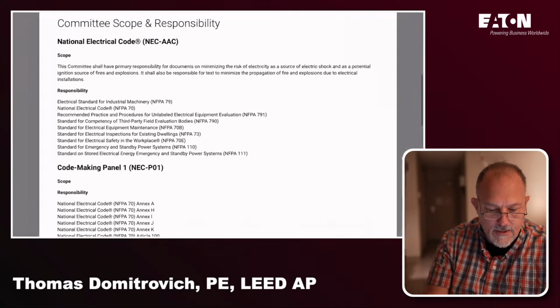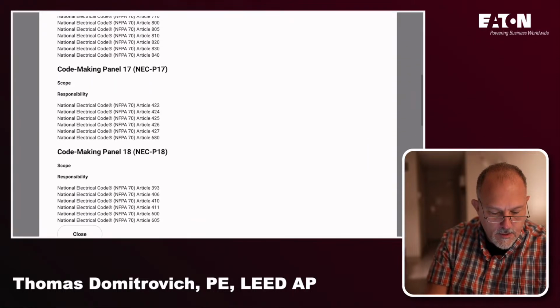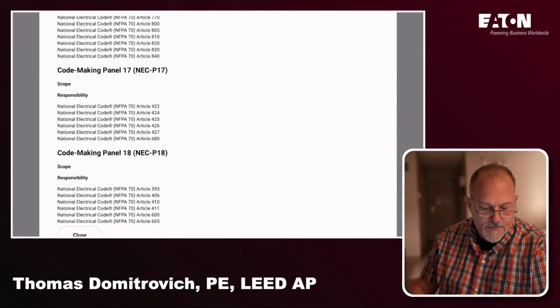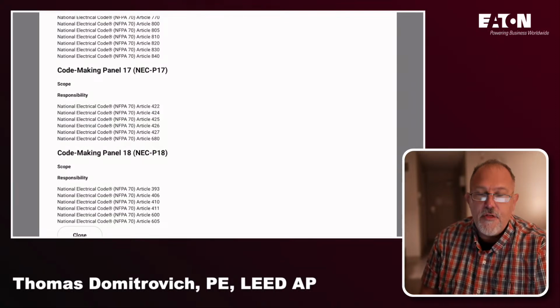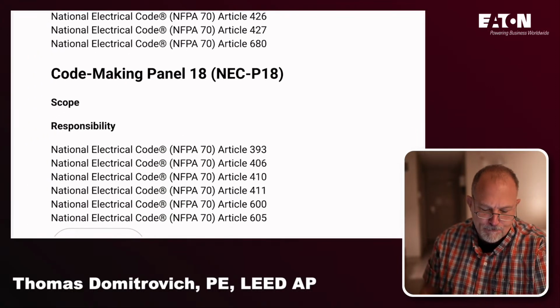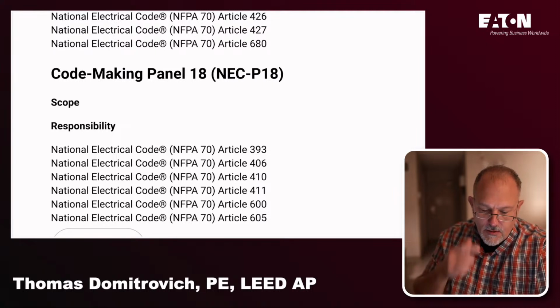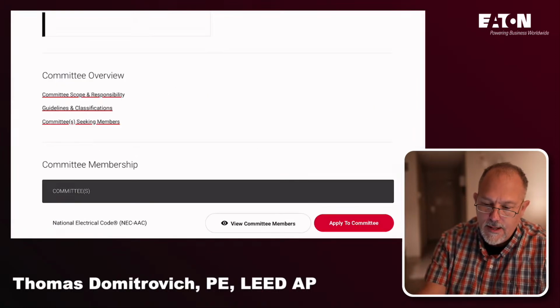You select that, and then you say, let's go to 18. 18 covers 406, we were just in there, 410, 411, 393. See that? 600 and 605. So let's go look and see if they did any changes in 410 and 411.